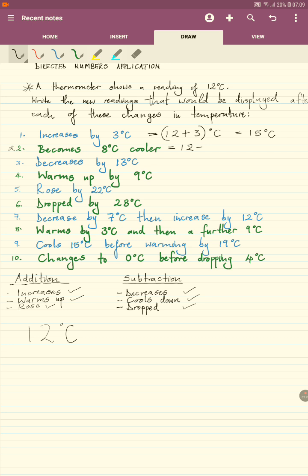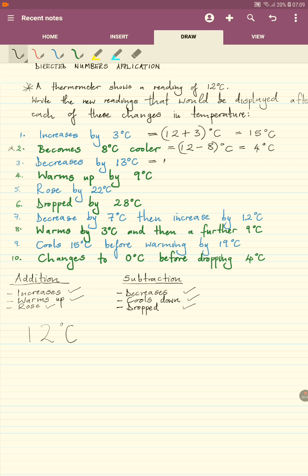We are subtracting 8 from 12. Remember, we said 12 is our base value, so everything that we're going to be adding or subtracting, we are adding it to 12. So now here we're saying 12 minus 8, and we're going to get our answer, which is 4 degrees Celsius.